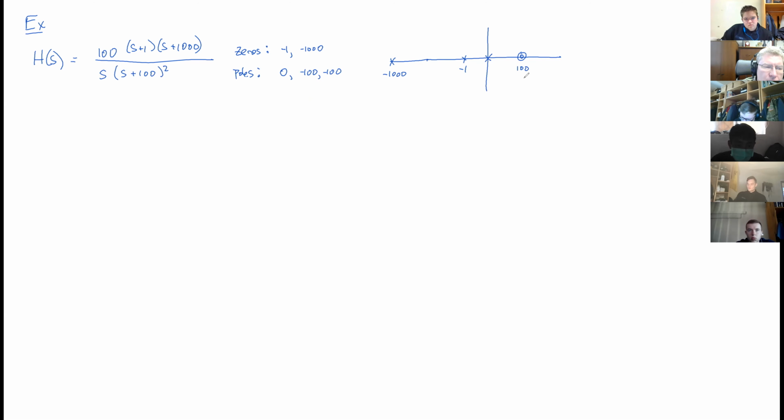If we were asked to graph the frequency response of this, I would look through here and go at 1/10 the minimum absolute value and then 10 times the maximum. The minimum is 0. That's the problem. We can't come up with 0 on a log-log plot.